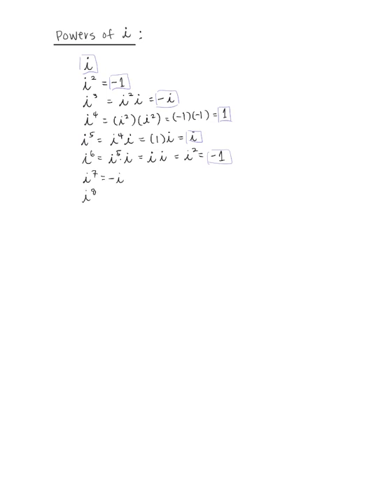And i to the 8th is going to be just 1. Do you see the pattern? So if I raise i to a certain power, it's going to repeat in a cycle of 4. It's always going to be either i, -1, -i, and then 1.